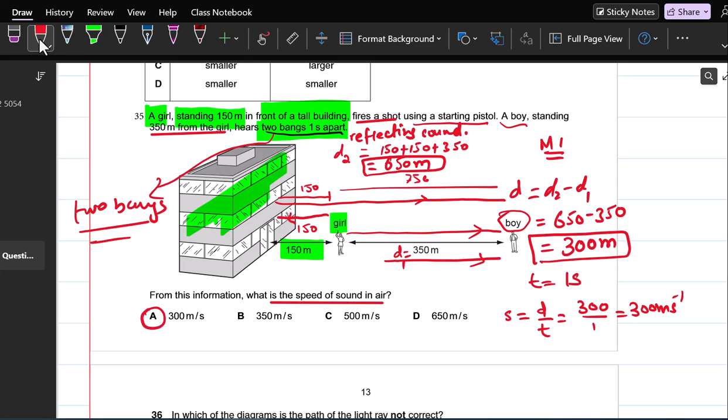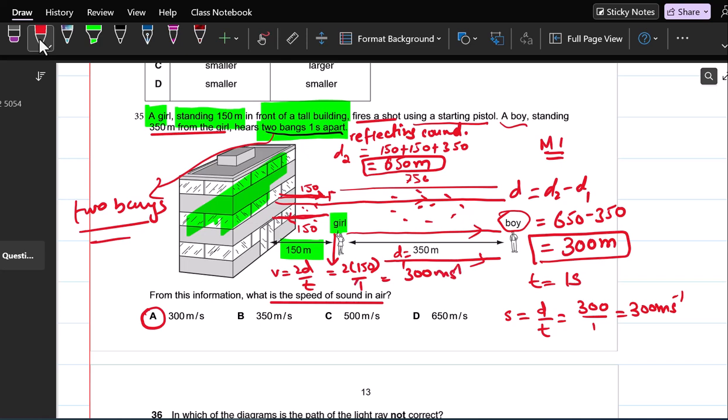So A is right. We know the speed of sound will be the same in air, because here is the same air, and here the same air. So what we can do, we can find the speed of sound which the girl is also hearing. It will be V equal to 2D by T: 150 going there and coming back 150. So it will be 2 times 150 divided by 1. So this will be 300 meter per second.